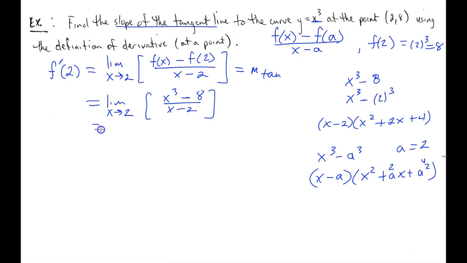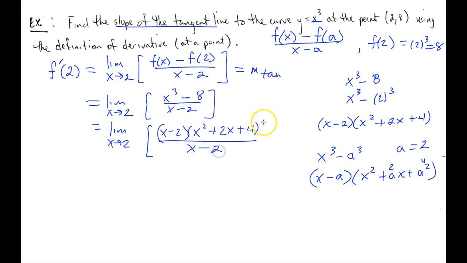So now in knowing that, we could rewrite what we have here as the limit of x minus 2 times x squared plus 2x plus 4, all in the numerator, and in the denominator it is x minus 2. So in looking at it that way, we see that these factors reduce to 1, and what this means whenever you have a common factor in the numerator and denominator of a rational function is that you have a hole in your graph.